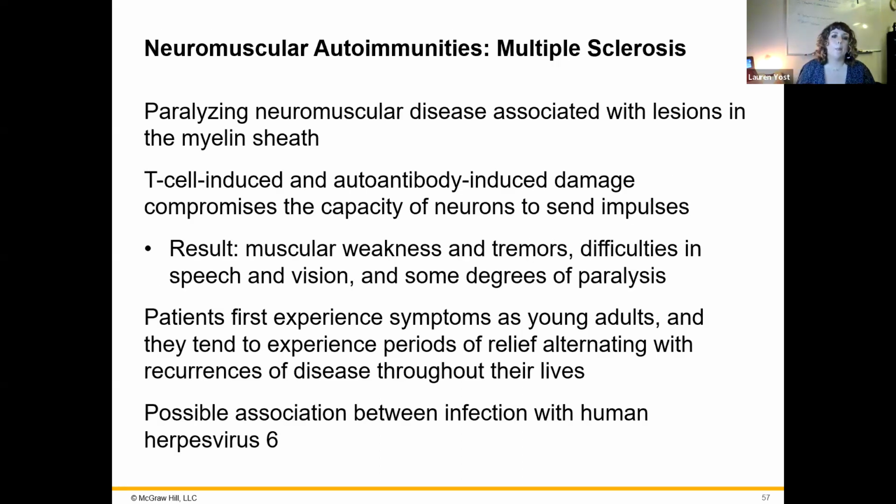So, all right, and then we have neuromuscular autoimmunities, including multiple sclerosis, where we have paralyzing neuromuscular disease in the myelin sheath, a covering of the nerves.